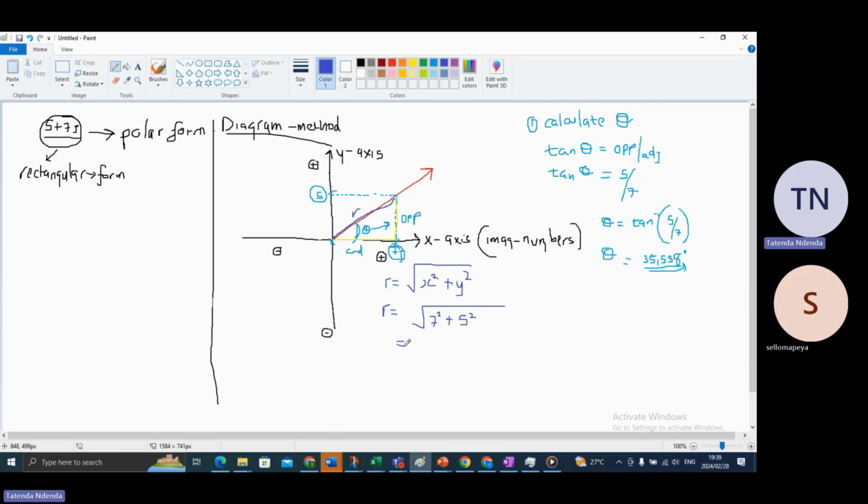Then we need the root of that. So it's going to be the root of 74.